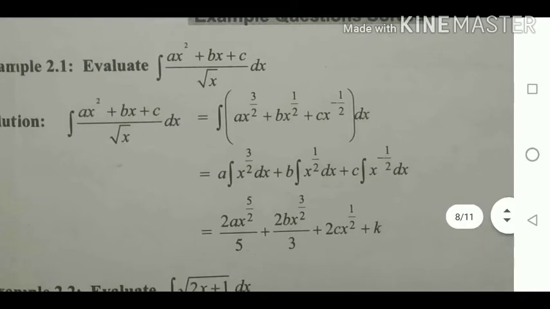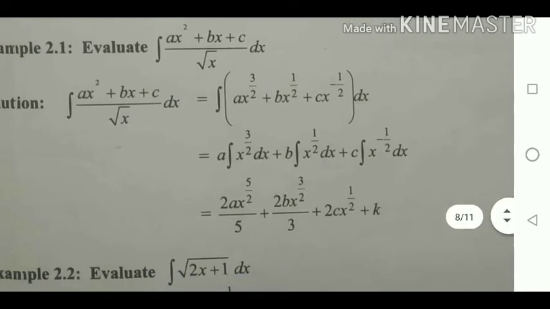Okay. Here, in order to integrate, you take each and every term first, that is ax square divided by root x. Root x is nothing but x power 1 by 2. So ax square divided by x power 1 by 2 means ax power 2 minus 1 by 2.